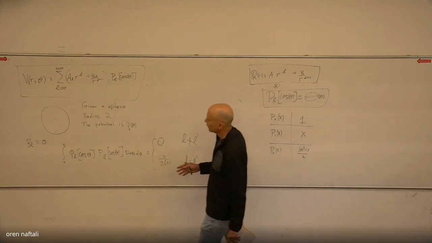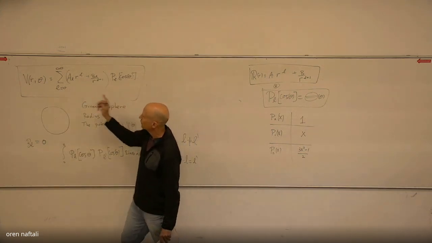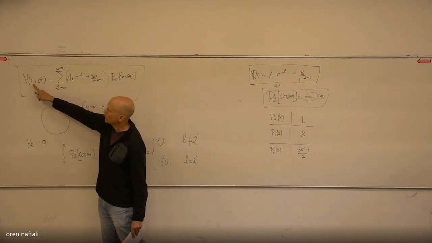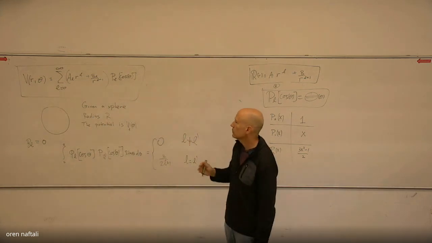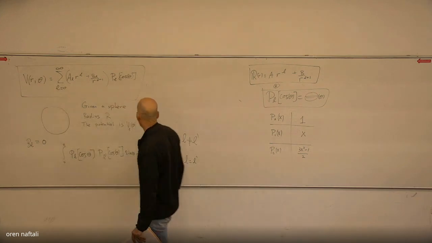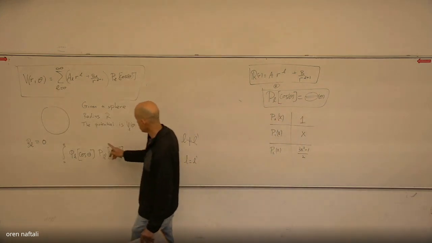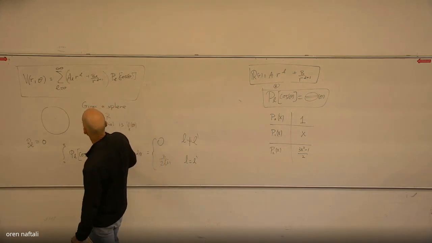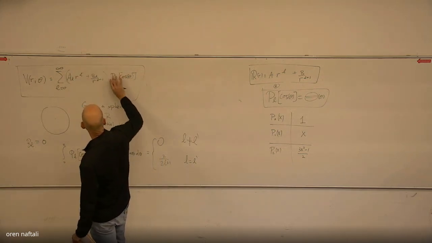Now, again, we take B_L equals 0, and we multiply at r equal big R. So now we work on the boundary and we multiply by this function, this filter, what I called before. Take these guys to 0, use also the orthogonality.